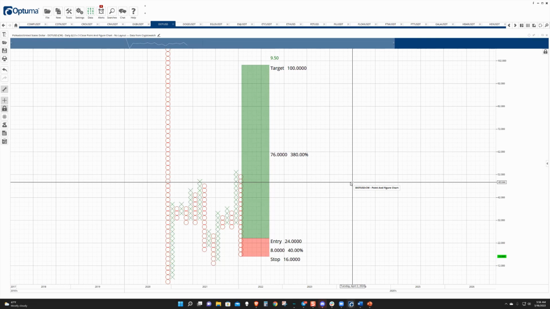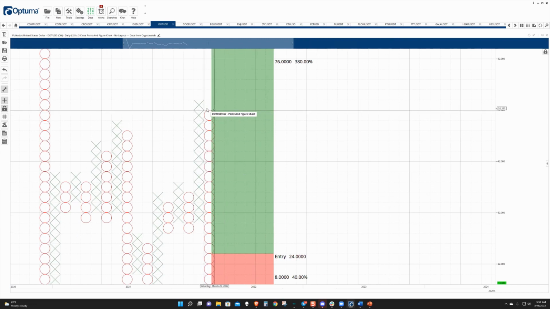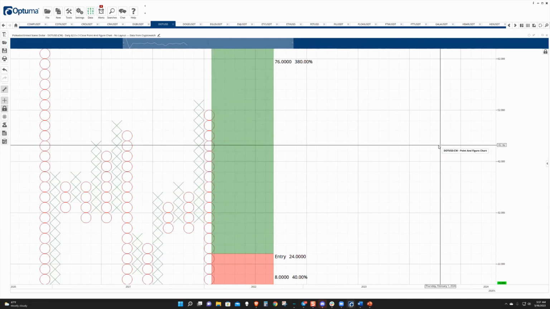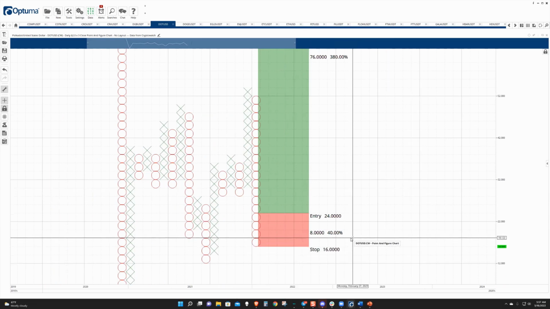But at the same time, we are creatures who use time, so it's hard not to think of how much time this column of O's has been here without a reversal. The first 3-box reversal, the first 3 O's that showed up, was back on November 3rd. This O didn't print until this month.